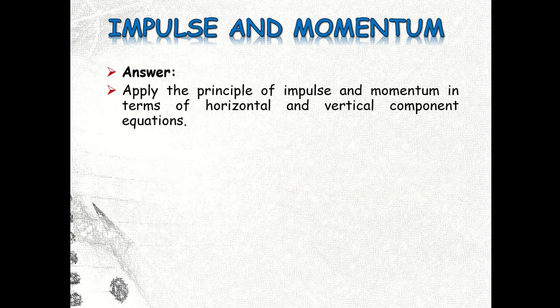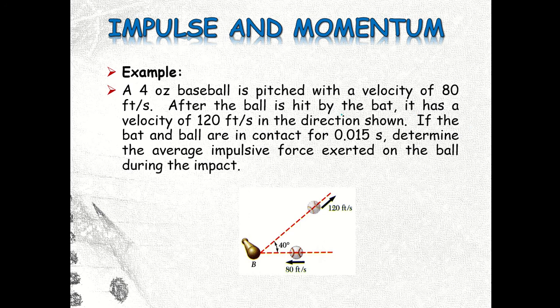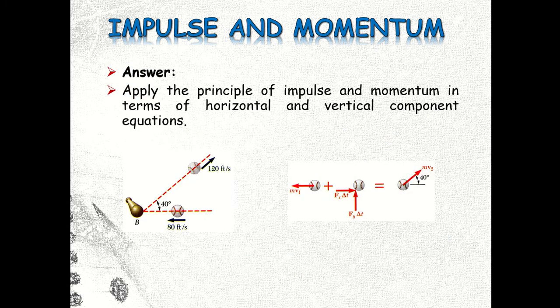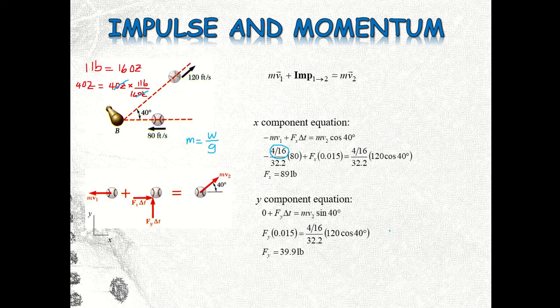As you can see from the problem, it says that the bat and the ball are in contact for 0.015 seconds. So this is actually our delta t, a very short period of time that the ball and the bat were touching each other. So from here we got F of x equal to 89 pounds.